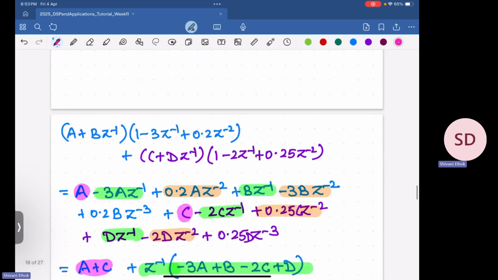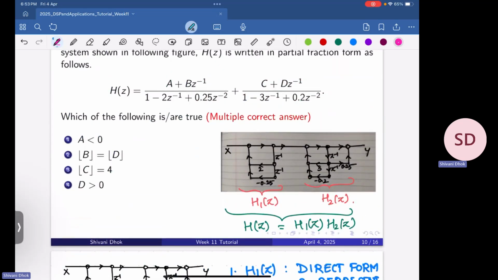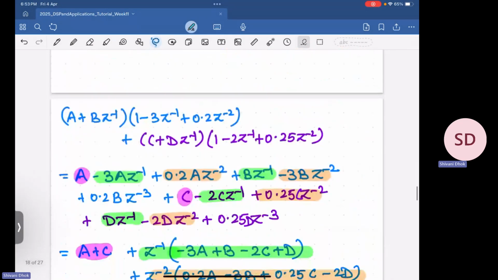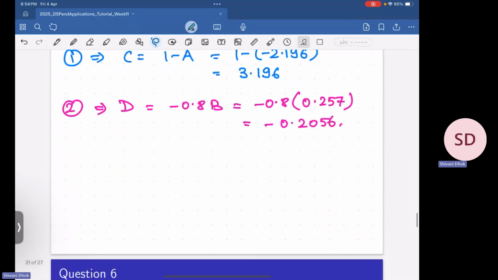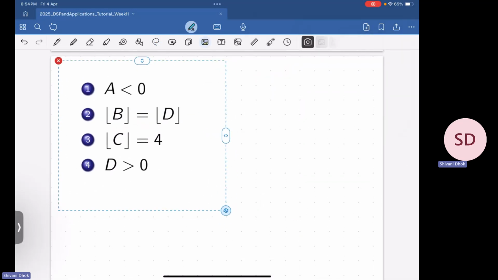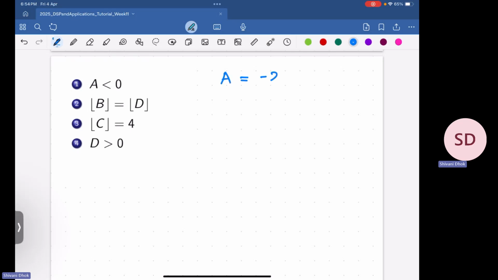Now let's go back to our options. These options are in this form. I'll take a screenshot of these options and paste it here. I'll actually add a new page and do it. Yeah, so these are the options that we have. And what have we obtained? Let me write it down here.